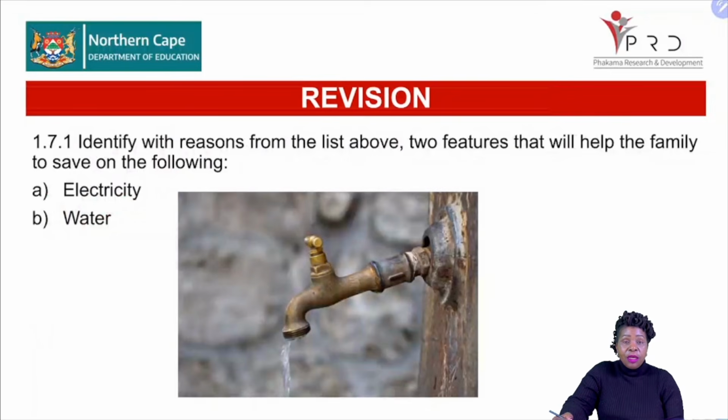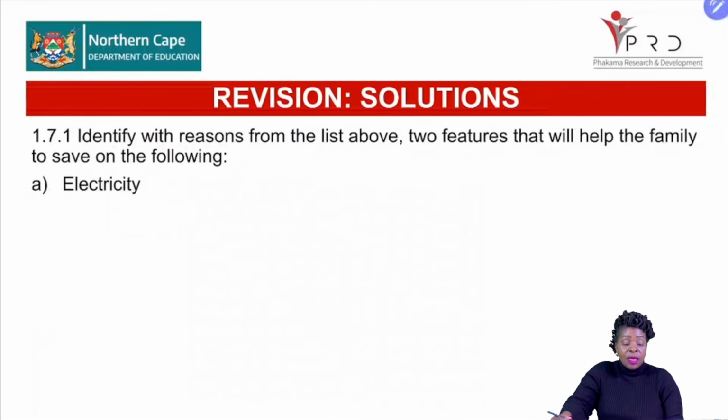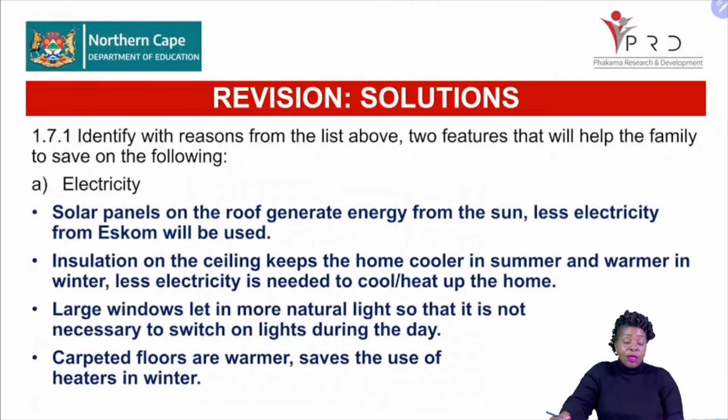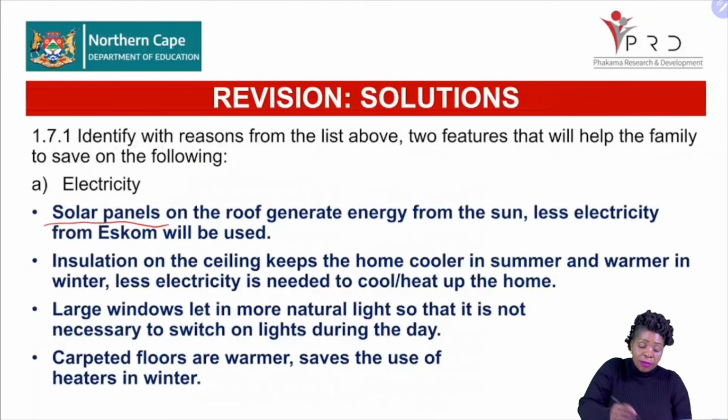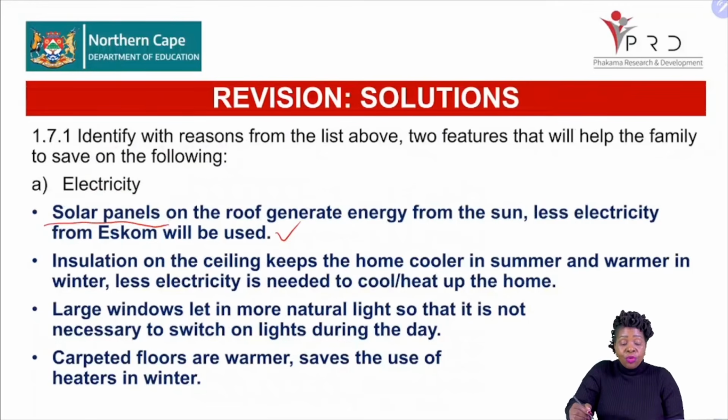Right, I hope you are done with 1.7.1. Let's move on to our answers. 1.7.1 says, identify with reasons from the list above 2 features that will help the family to save on A, electricity. So already we read that the solar panels on the roof will generate energy from the sun, which means less electricity from Eskom will be used.